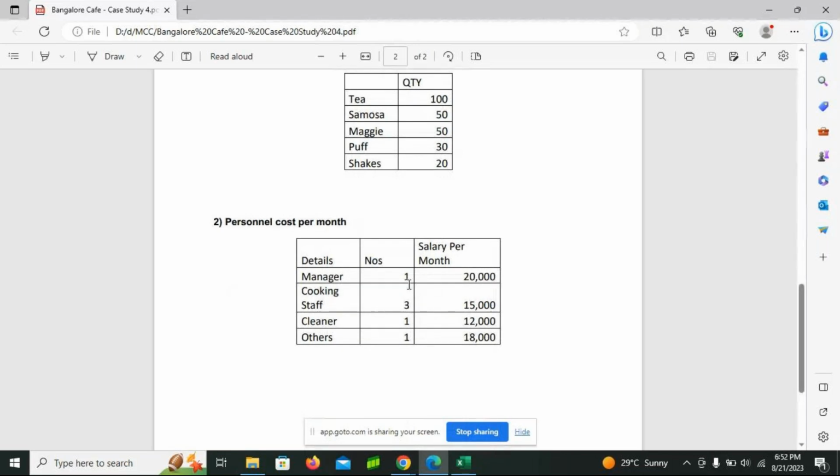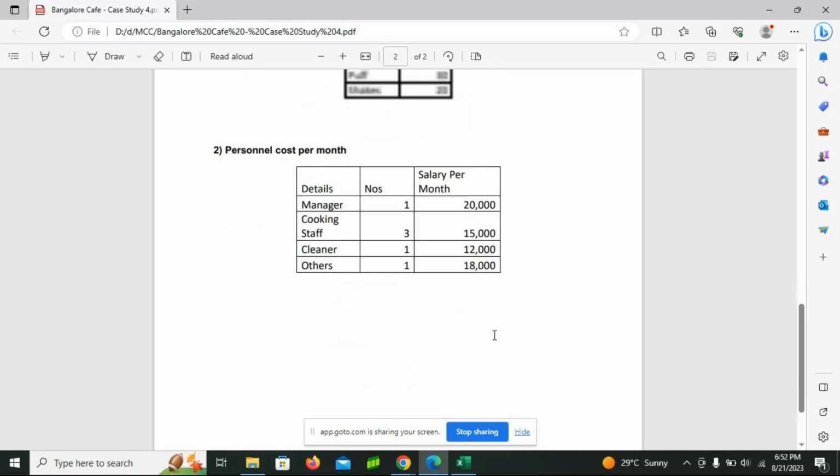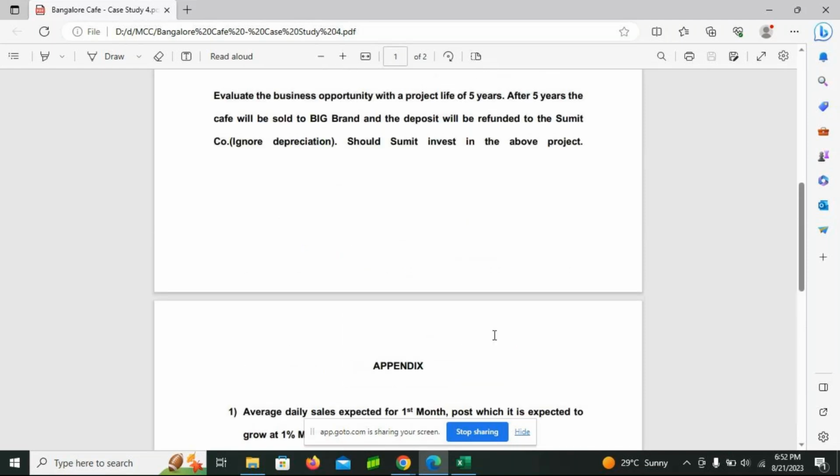One manager will be there with a salary of 20,000, cooking staff 3 people with a salary per month of 15,000, one cleaner with a salary of 12,000, and others one person. Okay, so now let's start our case study.